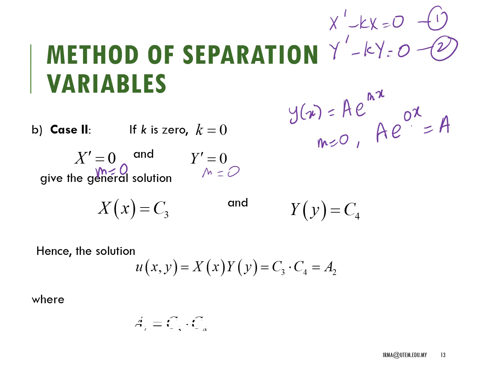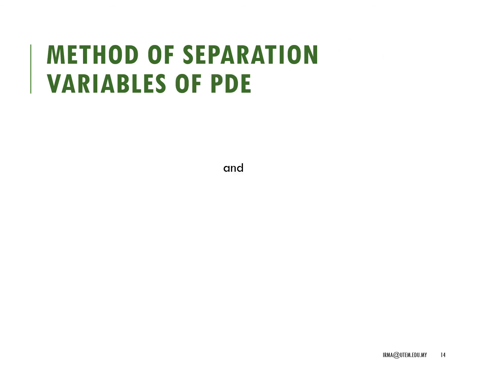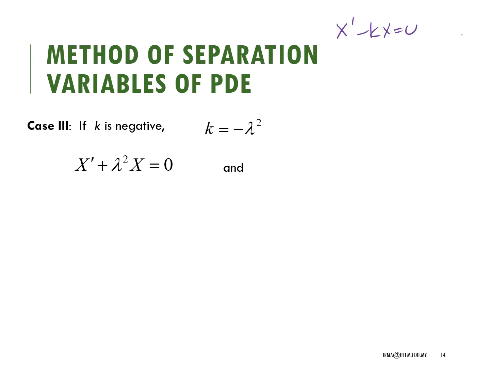Okay, next is if k is negative. If k is negative, we set k equal to negative lambda squared. When you set k equal to negative lambda squared in the first equation, x prime minus kx equal to 0, you get x prime minus negative lambda squared x equal to 0.